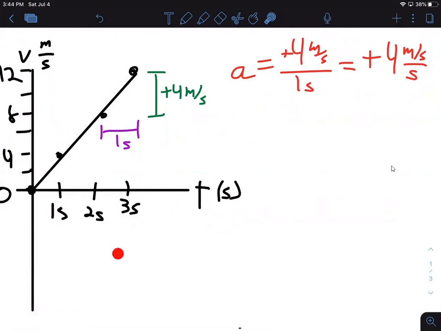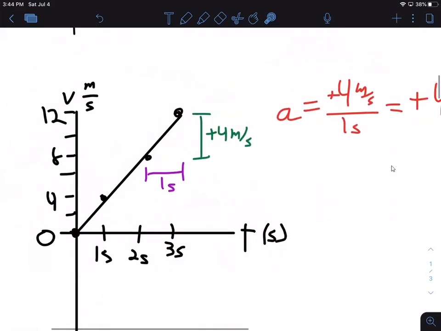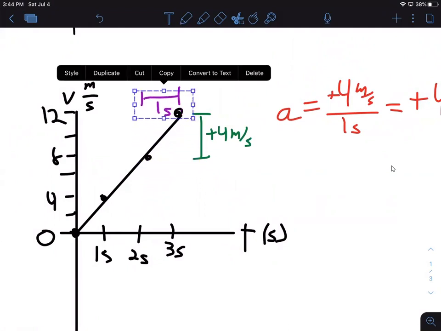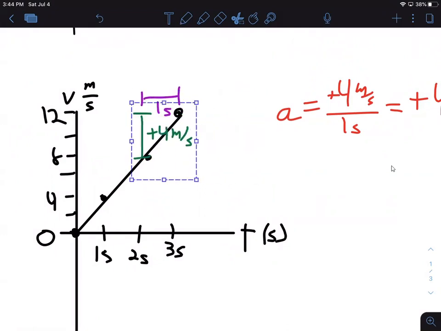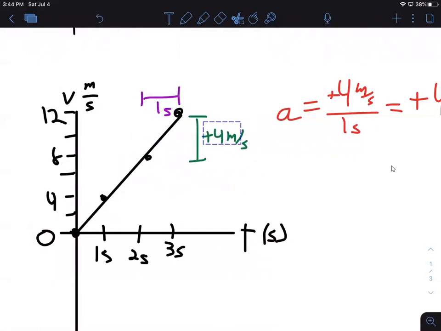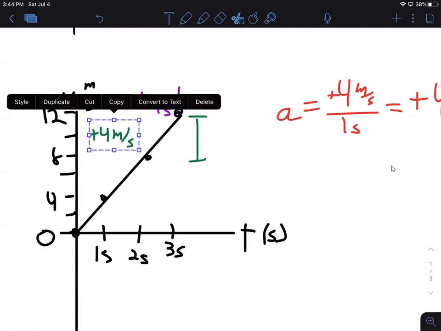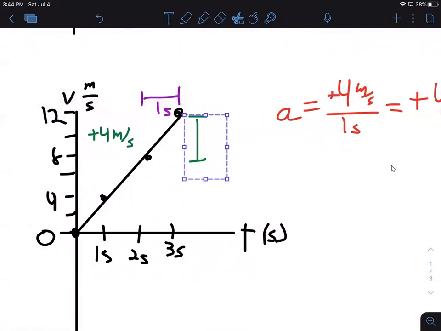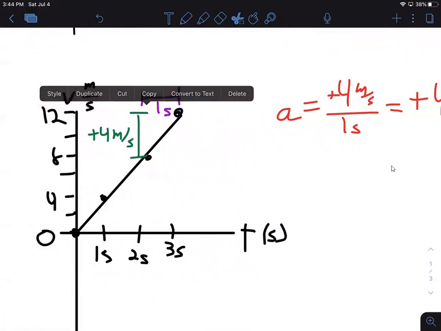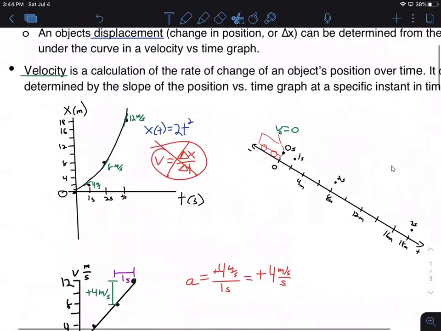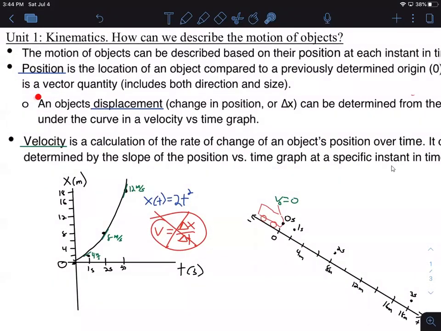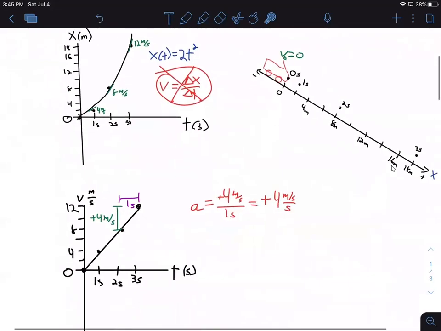Now, are there any other tricks we can do with this velocity graph? There are. We'll come back to acceleration in a little bit, but the other thing we can do with this graph, and I'm just going to move this up out of the way here, is think about displacement, because we saw in our previous constant velocity model that we could find the displacement of an object, its change in position, by looking at the area under the velocity versus time graph.